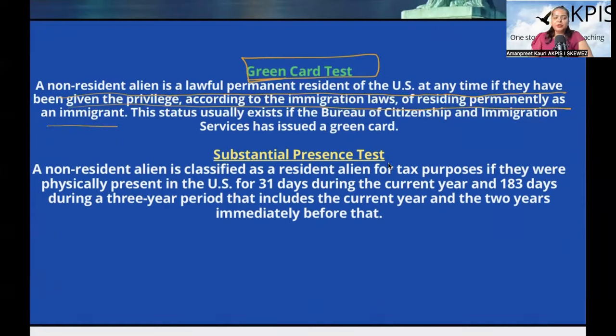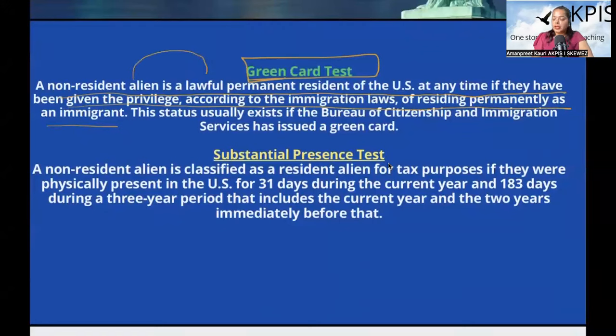That means you are there in the United States of America for some reason, maybe on a student visa, or on a work permit, H-1B visa, or any other reason. And after a particular time span, as of now you are a non-resident alien over there because you are not satisfying either the green card test or the substantial presence test.